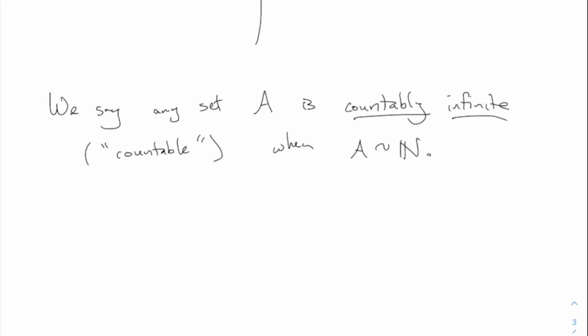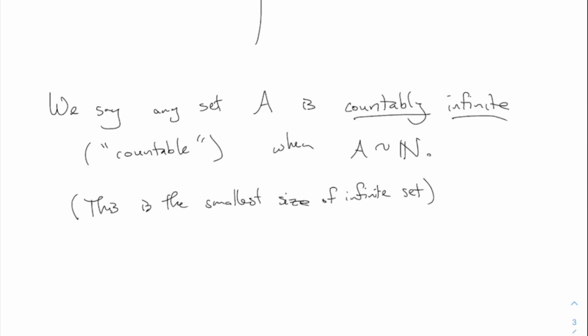And this, countable, is really a theorem which we're not going to talk about, but I'll just tell you. This is the smallest size of infinite set. All right? The ones which are the same size as the natural numbers, those are called countably infinite, or just countable.